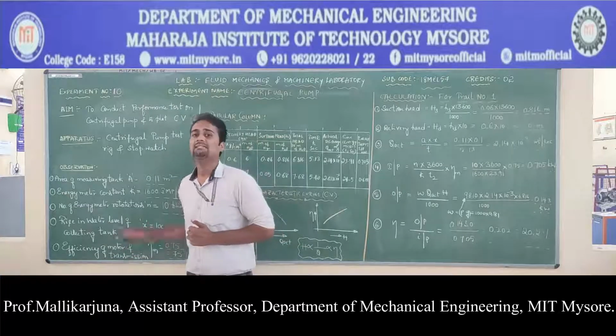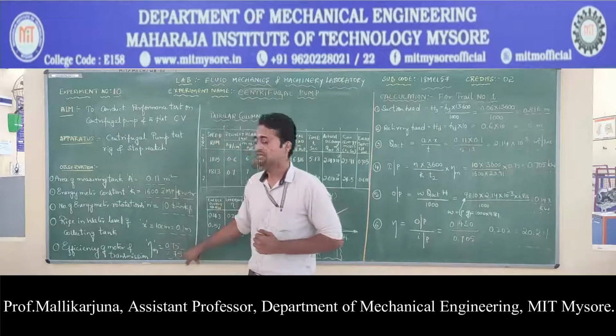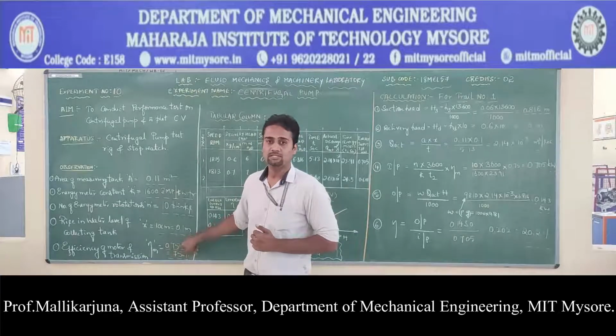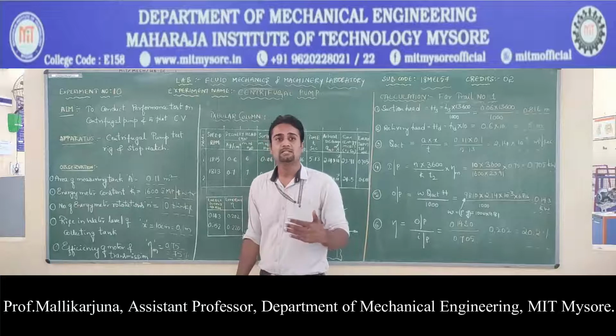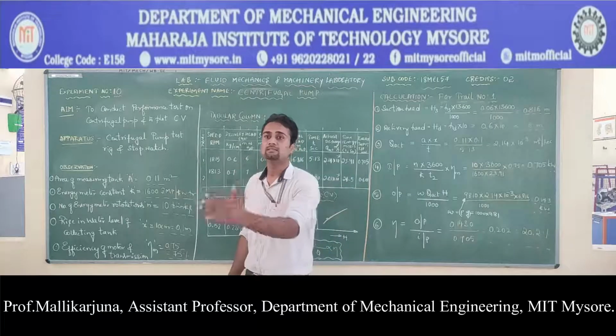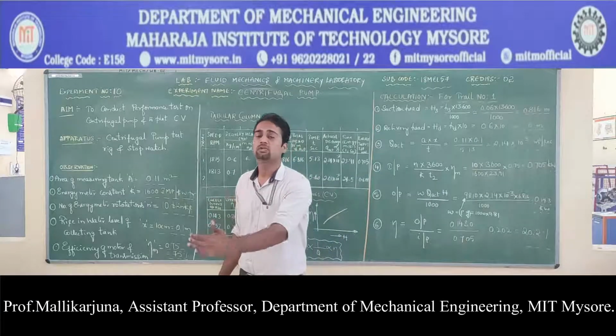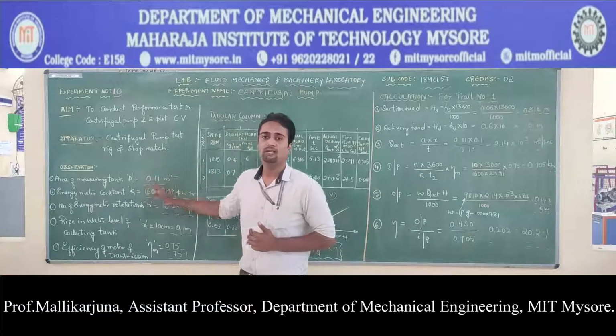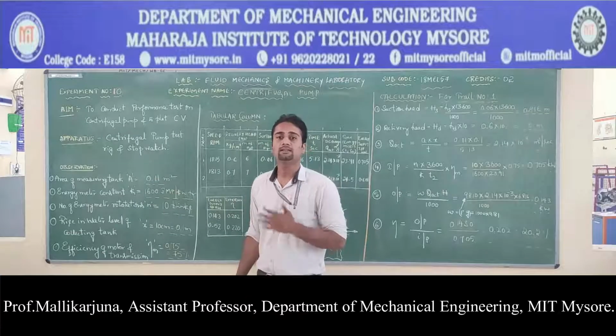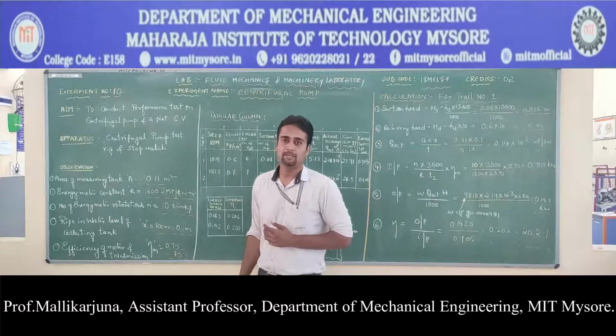That motor has an efficiency of 75%, in the sense 0.75. This 75% indicates that the energy supplied by the motor to the pump is 75%. So these are the few observations that we need to make before conducting the centrifugal pump experiment.